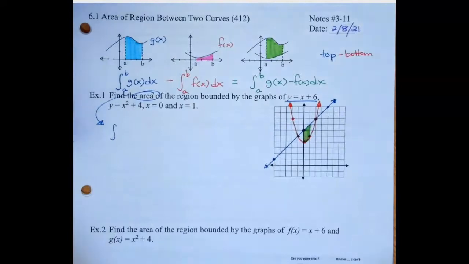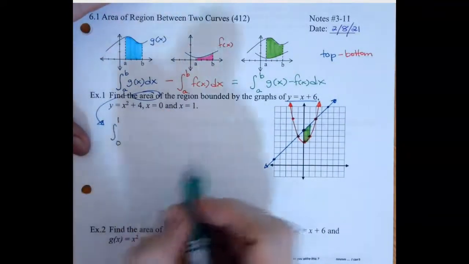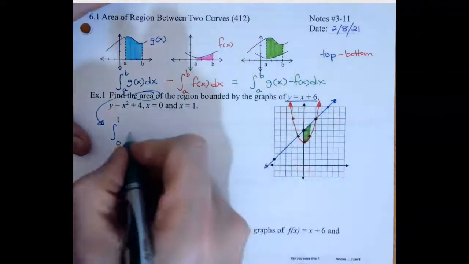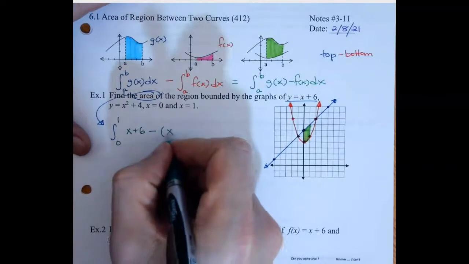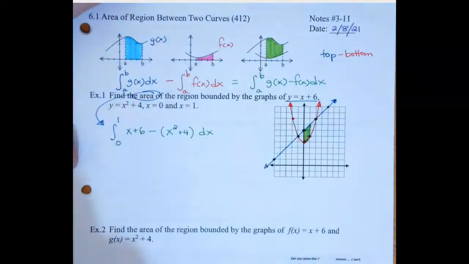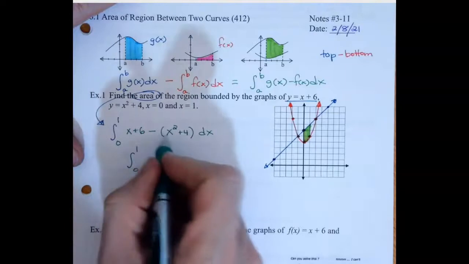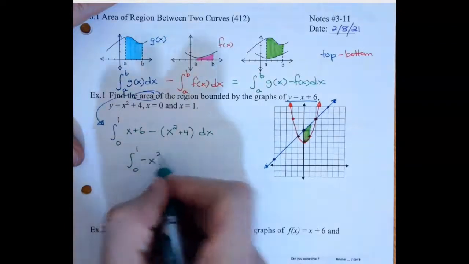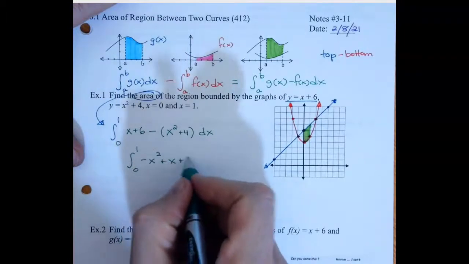Okay, so 0 to 1, and we take the top, which was x plus 6, minus the bottom, which was x squared plus 4. Alright, so if we distribute that, that would be negative x squared plus x, 6 minus 4 is plus 2.